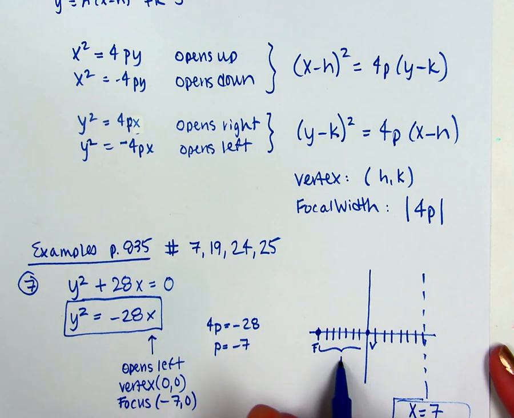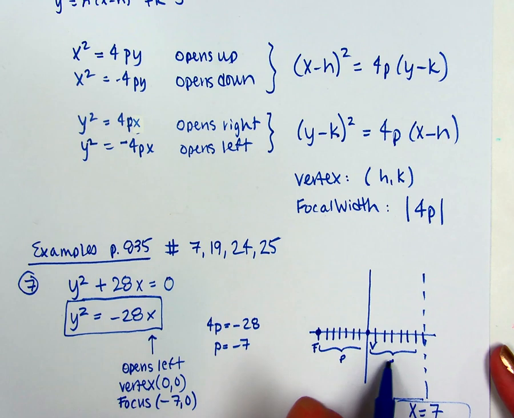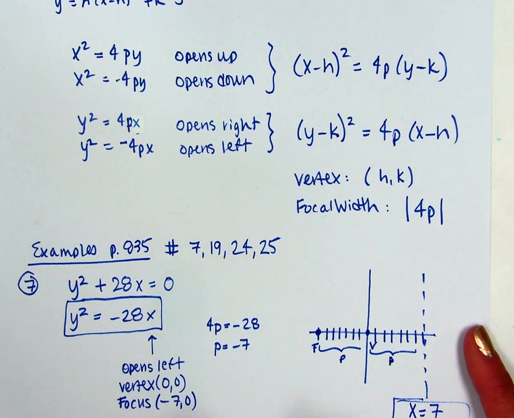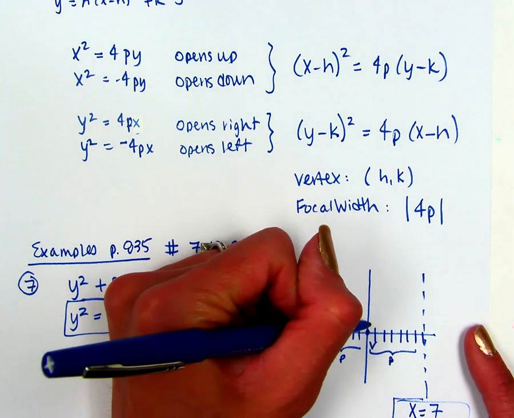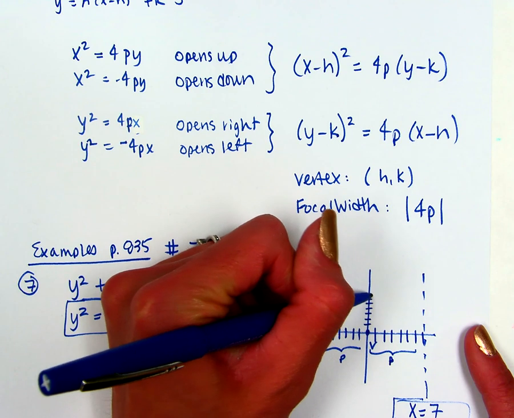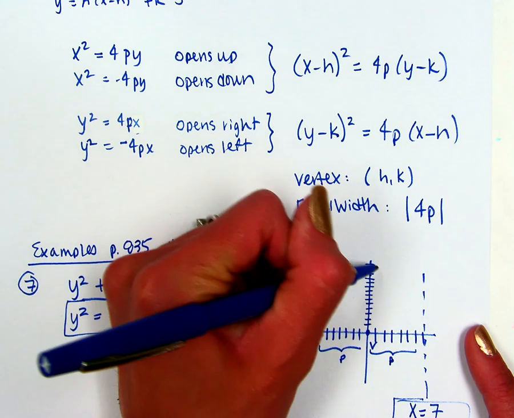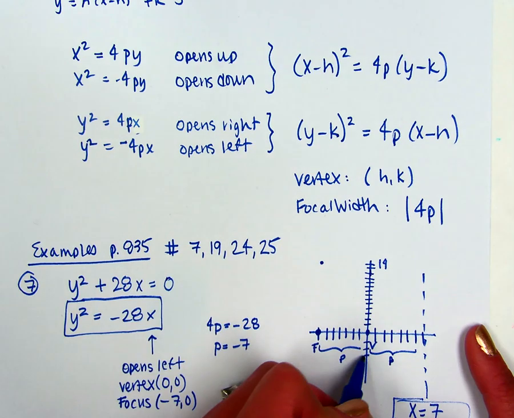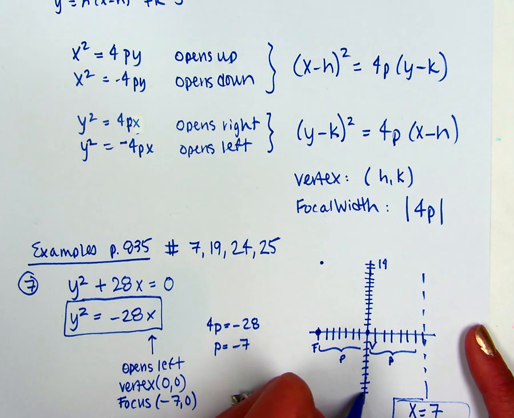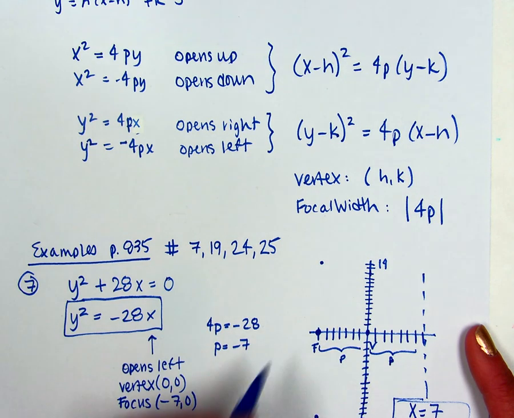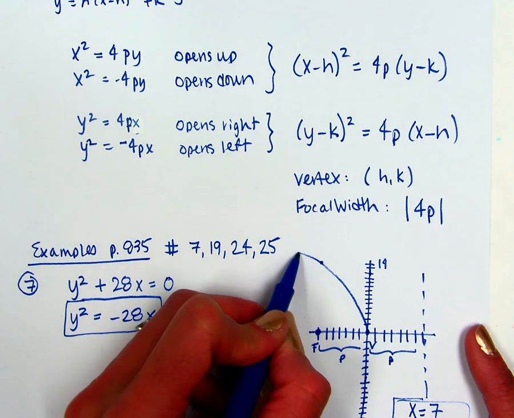This distance is p. And then from my focus, I'm going to go up 2p. So up 14, and down 14. And here's my graph.